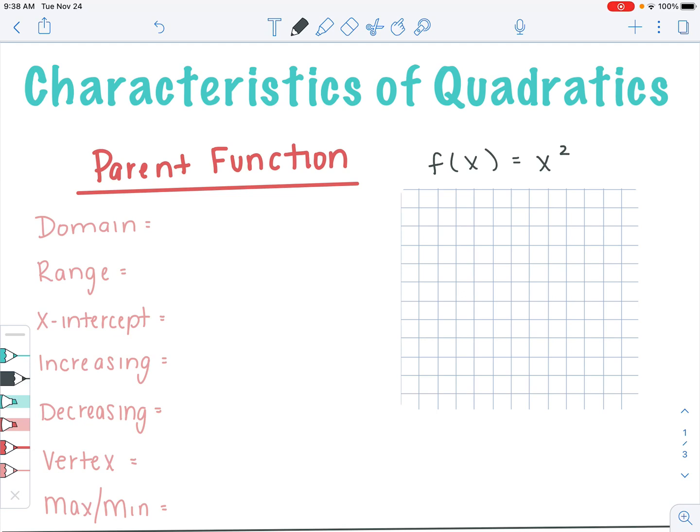We also talked about the shape of that graph when we talked about transformations. So we know that the graph of x squared is a parabola centered at the origin. So it looks like this.